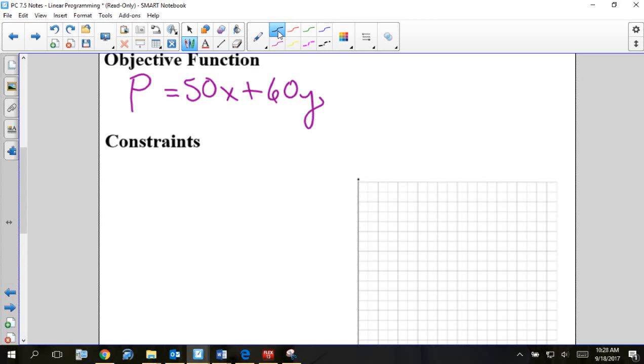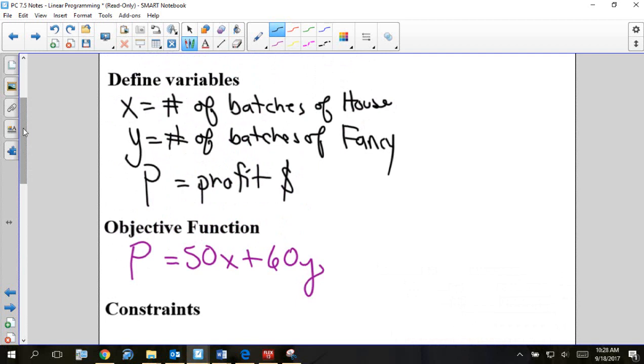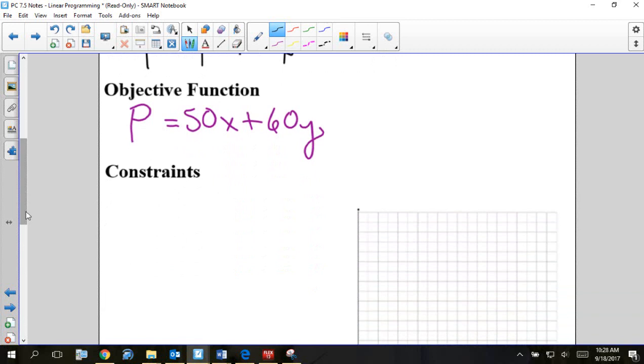Or what are they not, I should say. They're not negatives. What does x stand for? Number of batches of house. Can we have negative batches of house mix? No. Can we have 0 batches of house mix? Yes. So 2 of the constraints I've already graphed for you by giving you just the first quadrant, but you do need to write them down.